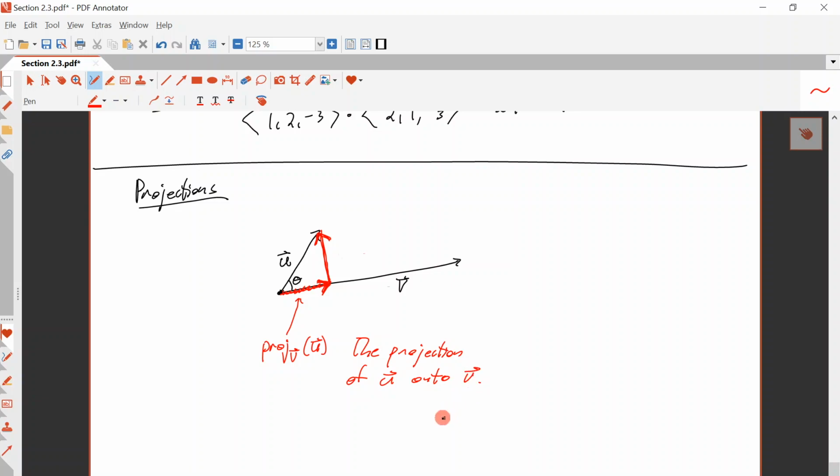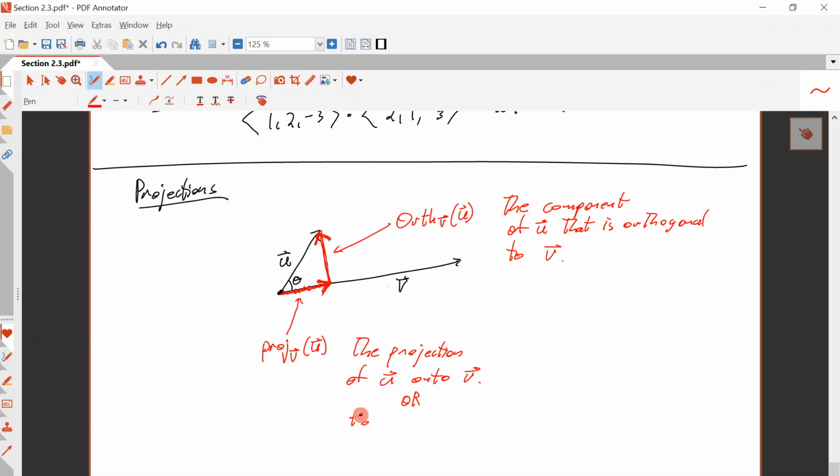This vector here, we write it as orth v u, and that's the component of u that is orthogonal to v.